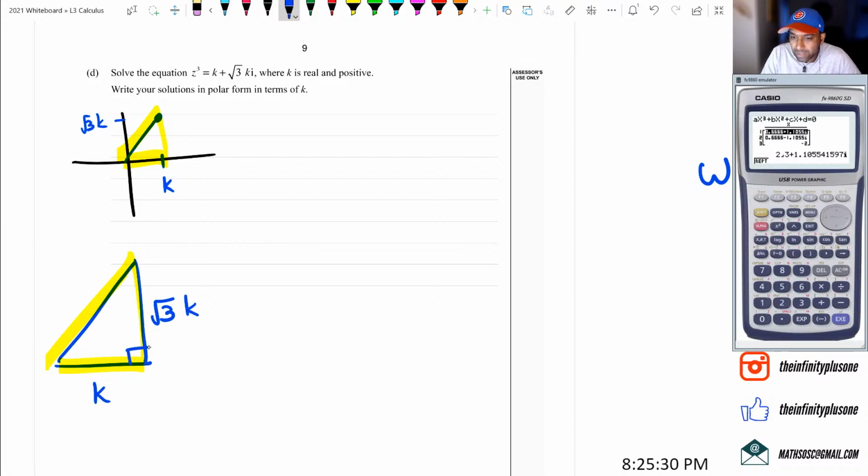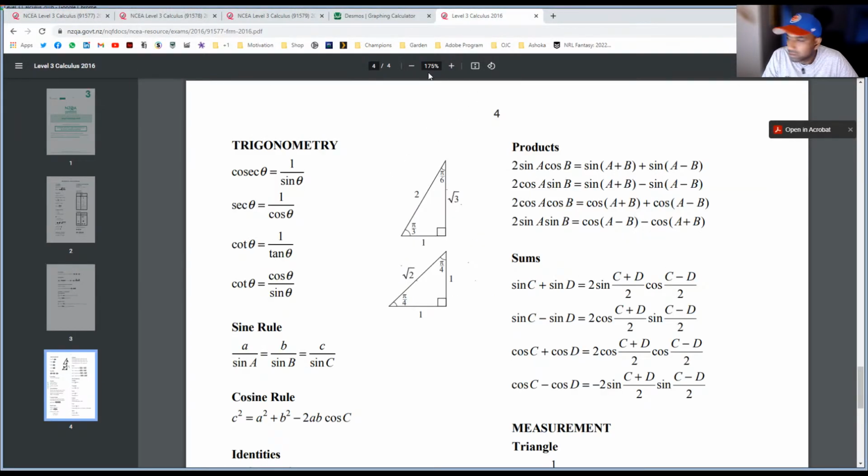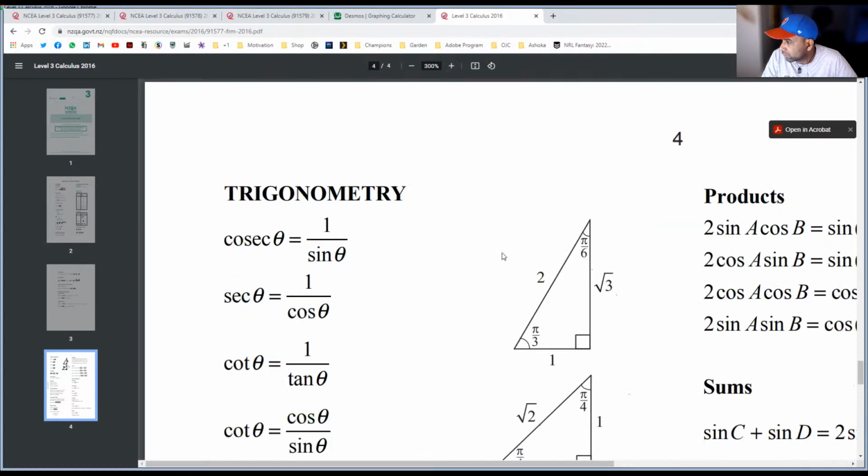So what did I mean by looking at the special triangles? Whenever you see the 1 and root 3, or root 2 and 1 and 1, those kinds of square root numbers with your complex numbers, go straight to your formula sheet and grab the special triangles. What you've got here is pi over 3, which is the angle, 60 degrees, and you've got 1, root 3, and 2.